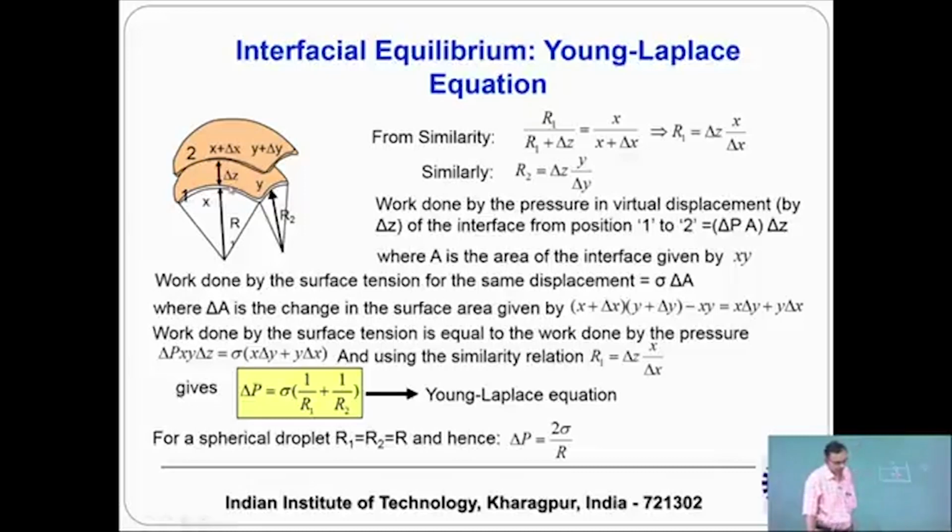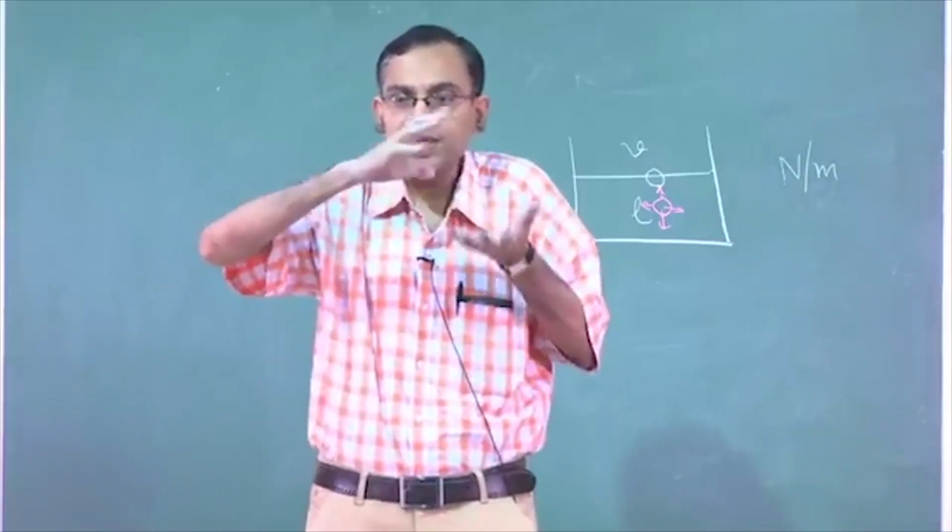The radius of curvature of this curve is r1, and the radius of curvature of the other is r2.